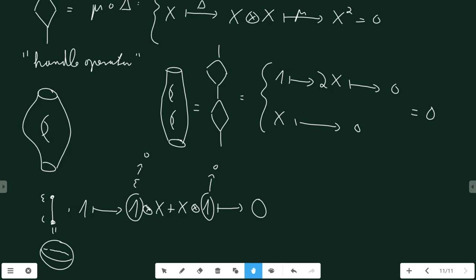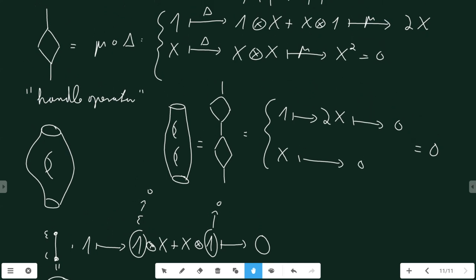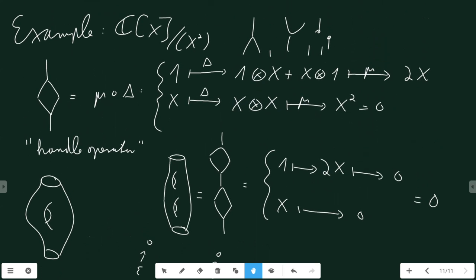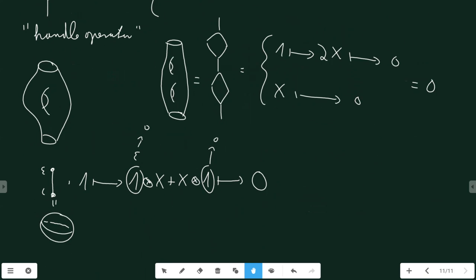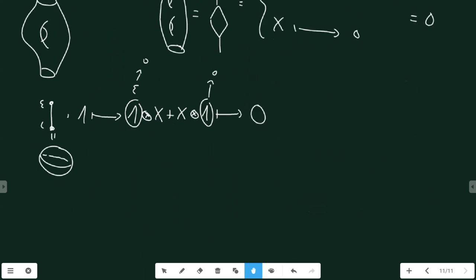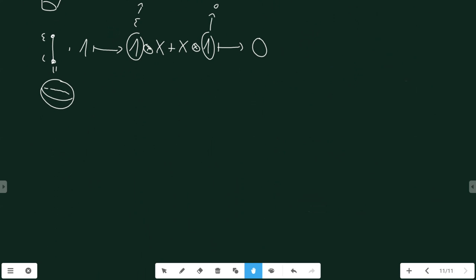Very good. So let me go up. So what I've just done now is I've analyzed my example a little bit further, and I realized that, okay, the handle operator does something. The twice handle operator is already 0. Of course, then 3 times handle operator is also 0. And the sphere is also 0. In particular, if I would draw now, here you go.